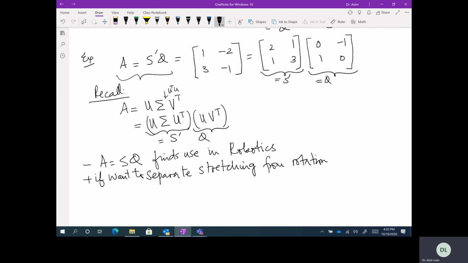So orthogonal matrix is rotate, if you recall from chapter 2, from rotation, then QS achieves that, meaning Q is rotation or reflection.